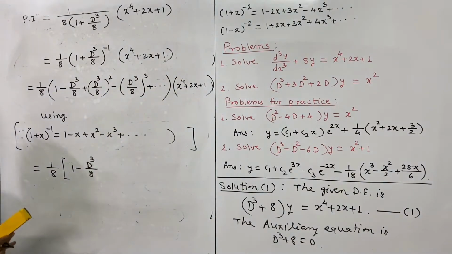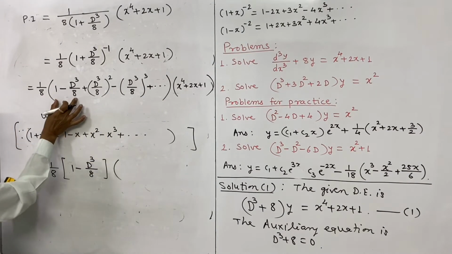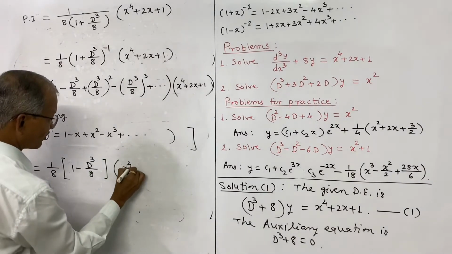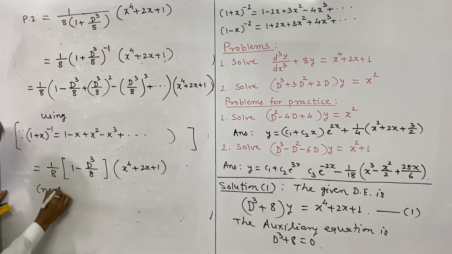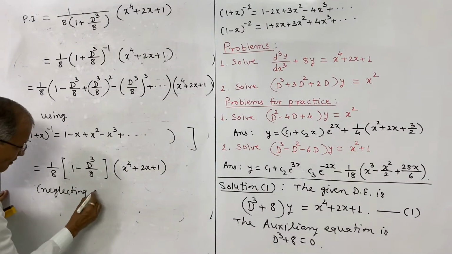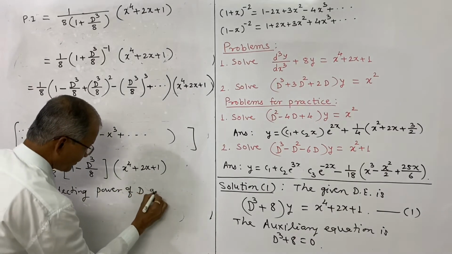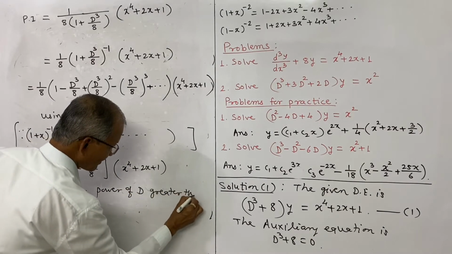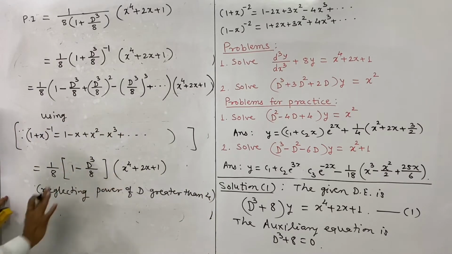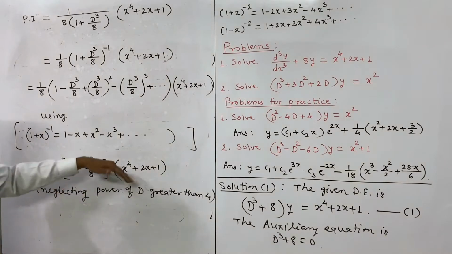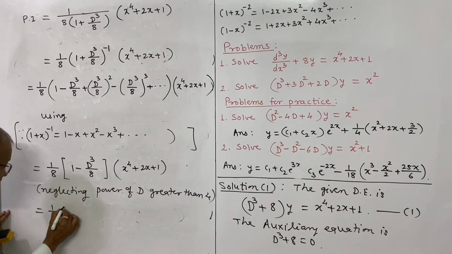So neglecting the higher powers and considering only the first two terms, x power 4 plus 2x plus 1, neglecting powers of d greater than 4, because the maximum power of x is 4, the derivative will become 0, and this will be 1 by 8 into bracket.